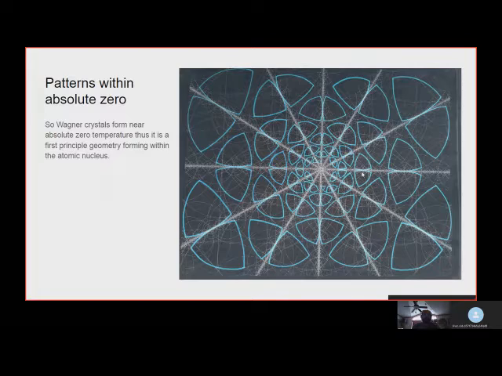Patterns within absolute zero. So Wigner crystals form near absolute zero temperature. Thus, it is a first principle geometry forming within the atomic nucleus. So we went through this image earlier, and this is what actually got me into Wigner crystals. I'm completely unbiased.